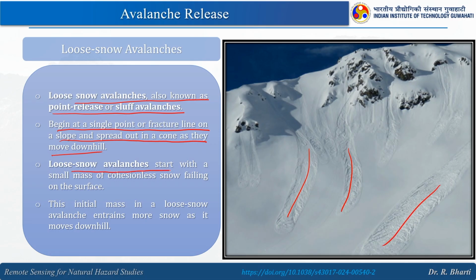A loose snow avalanche starts with a small mass of cohesionless snow falling on the surface. The initial mass entrains more snow as it moves downhill. So, this will keep on accumulating and then the mass will increase.